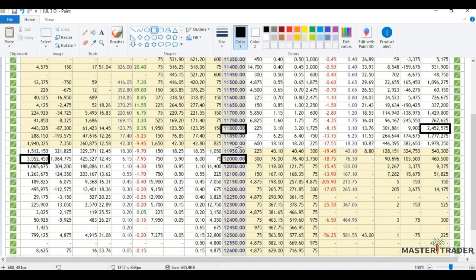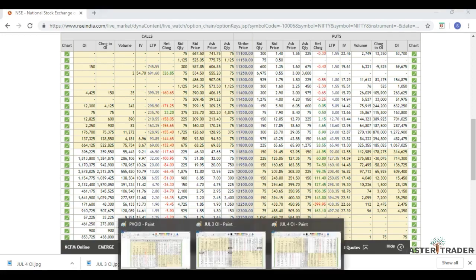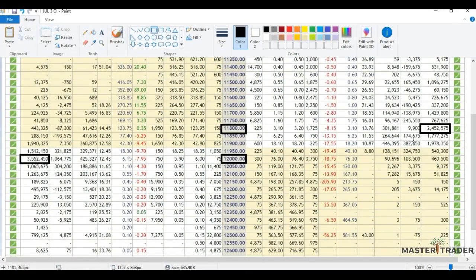Okay, now what we want to look at is this particular column, the one right next to open interest, which is called change in open interest, as we can see here. And what we want to look at, guys, is the most recent strike prices.